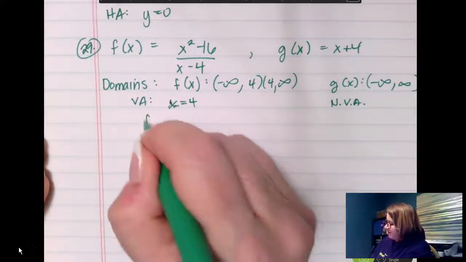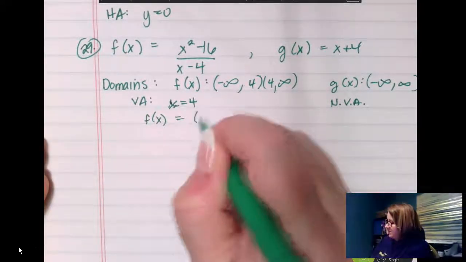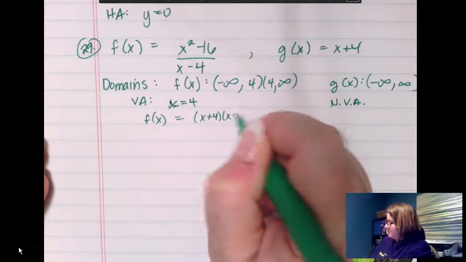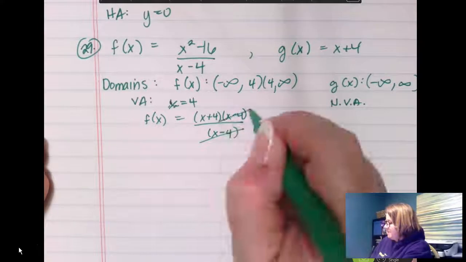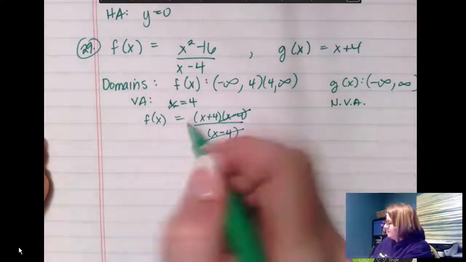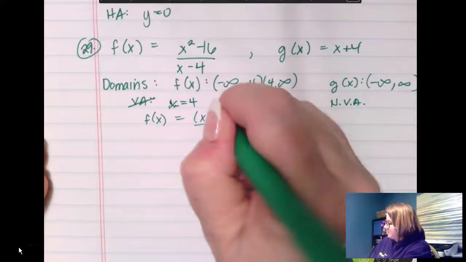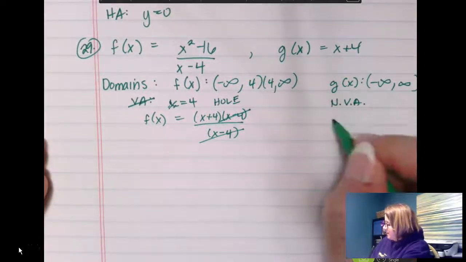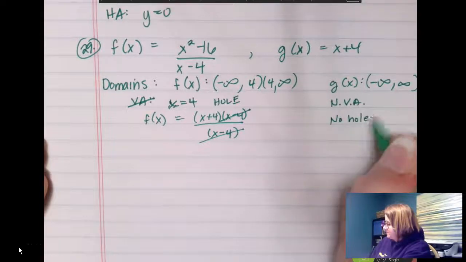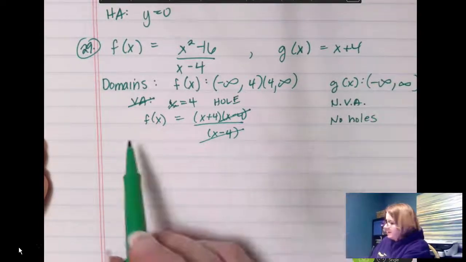Let's simplify f of x a little bit. So let's go x plus 4, x minus 4, then x minus 4. So look what happens. Our x minus 4's cancel out. So it looks like instead of being a vertical asymptote, that's just a hole. And here there are no holes, because it's just a line.